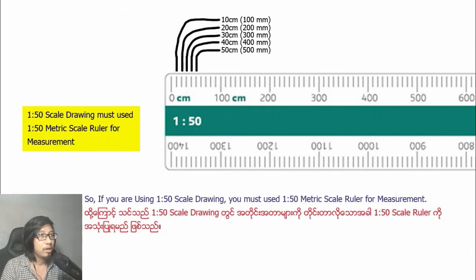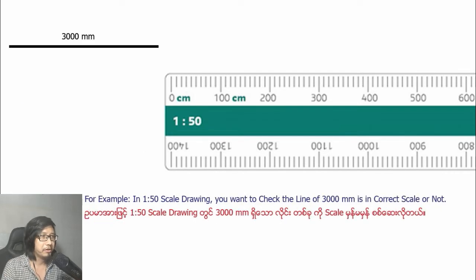So if you are using a 1:50 scale in the drawing, you must use a 1:50 metric scale ruler for measurement. For example, in a 1:50 scale drawing, you want to check whether the line of 3000 millimeter is in the correct scale or not.